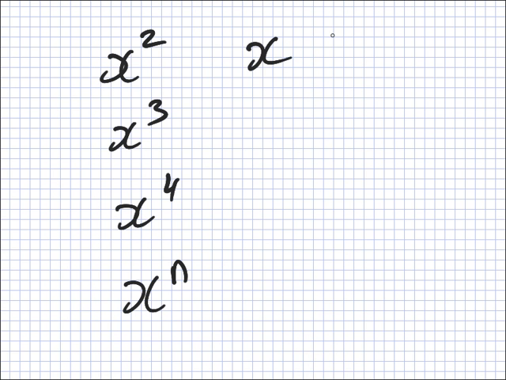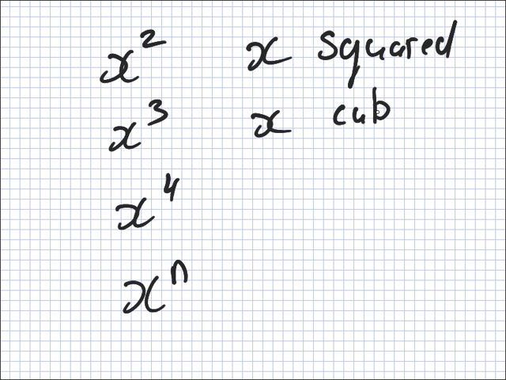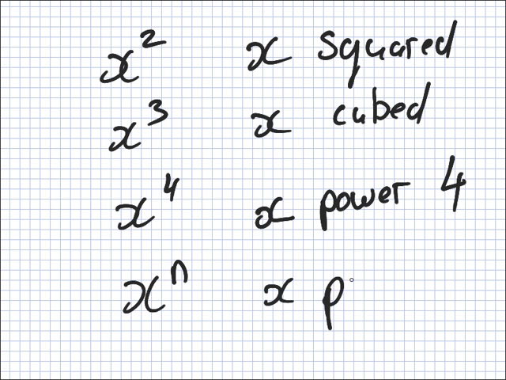This one is x squared, okay? This one here is x cubed. Do you know this one? Nice try, but it's actually just x power 4. And this is x power n.